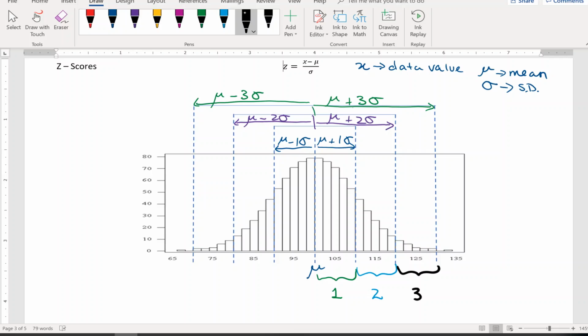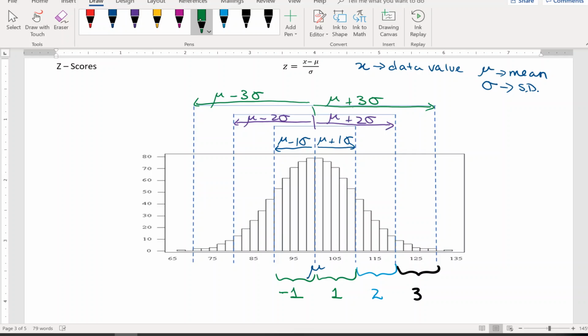Now similarly, going to the left of the mean, between here and here, this would have a z-score of -1. And we put the negative here because we want to signify that it is to the left of the mean. So it's the mean minus 1 standard deviation.